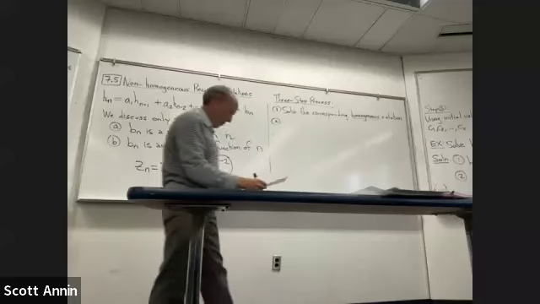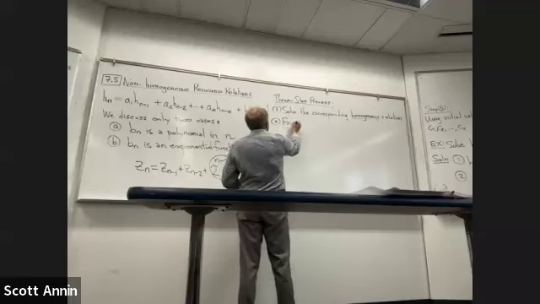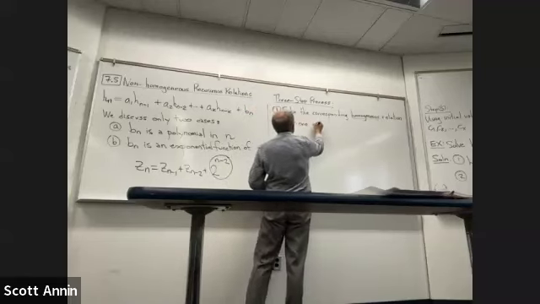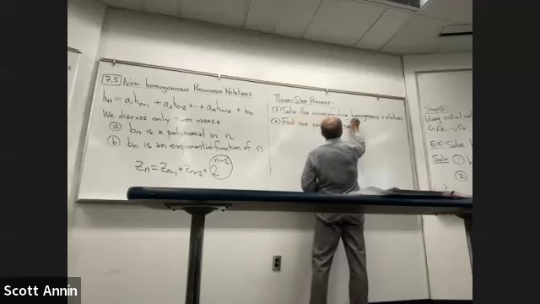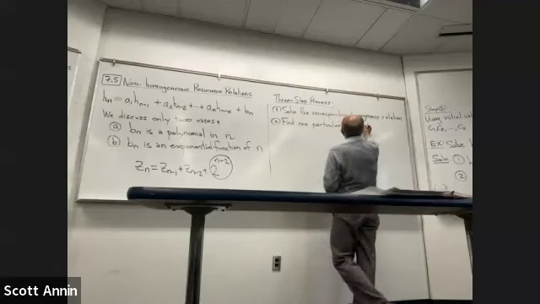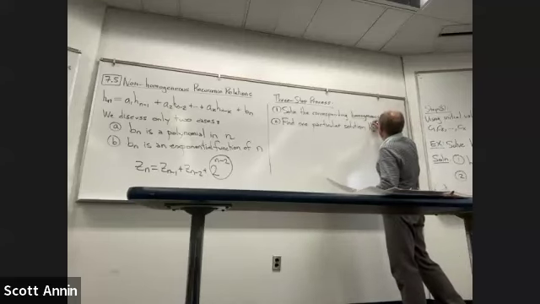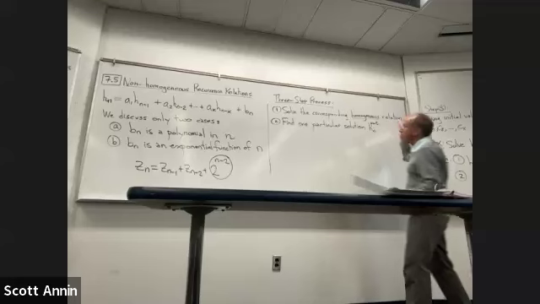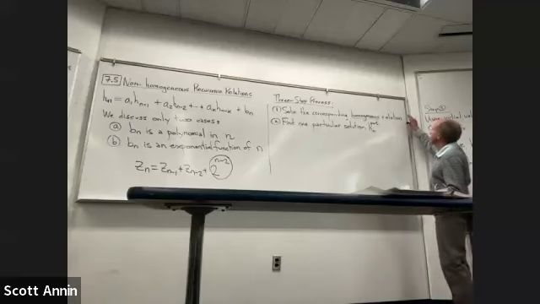The second step is the new part, and what we have to do here is find one particular solution, h sub n with a superscript of part. We'll call that the particular solution. Actually, let's go back to the first step.